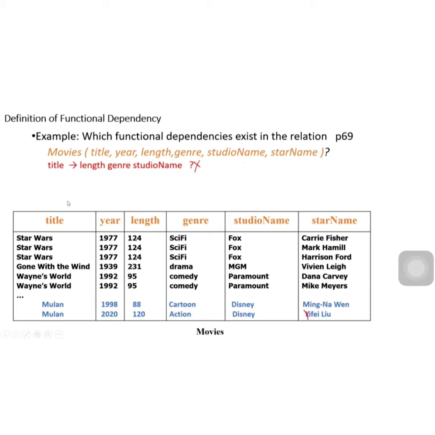Based on this supposition, title and year can identify a movie. If any two tuples have the same value on title and year, then these two tuples are about one same movie.